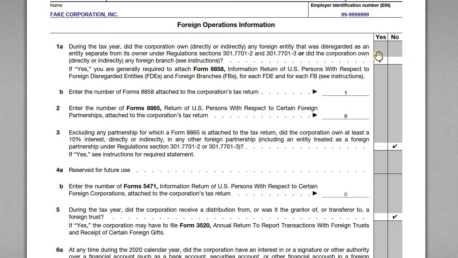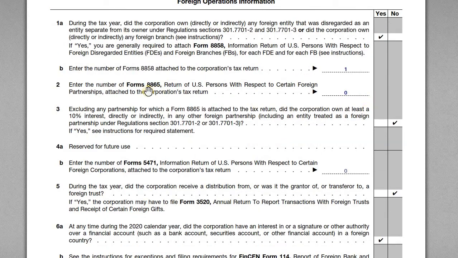And that's where we have yes, right? We have a foreign branch operation. We don't have a legal entity set up. So we don't have this foreign disregarded entity issue, but we do have a branch. And so if yes, we have the 8858 that's also included with the return. We have one that's going along with it, and that's what we're going to be filing.